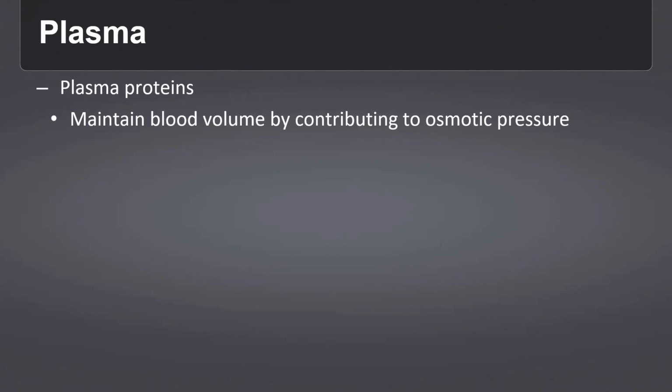Okay, we're going to go through some examples of plasma proteins. The first one is called fibrinogen, and we will talk about fibrinogen in today's class as well. That relates to blood clotting.